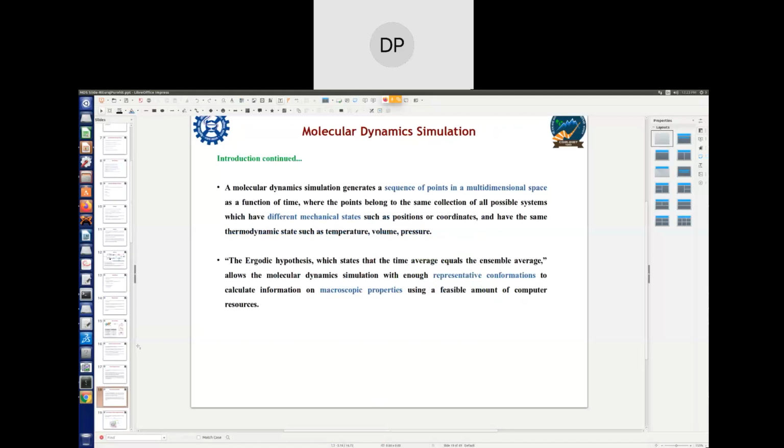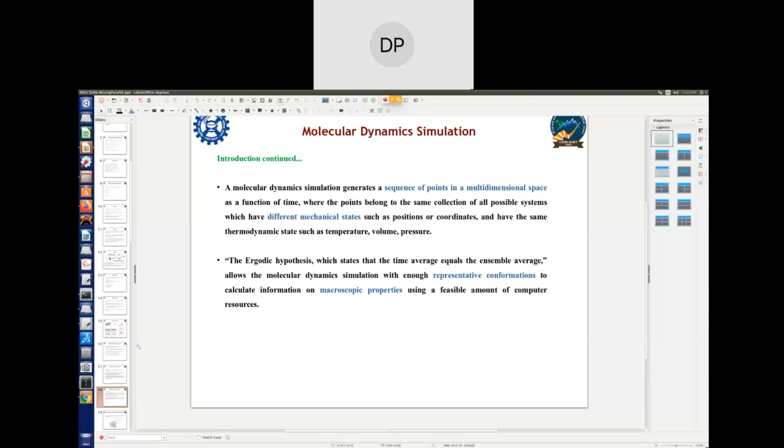So this says, if you have molecular dynamics, where the constituents of the system are allowed to interact according to the laws of physics over a period of time through the numerical solution of the equations of motion, one obtains the trajectories.